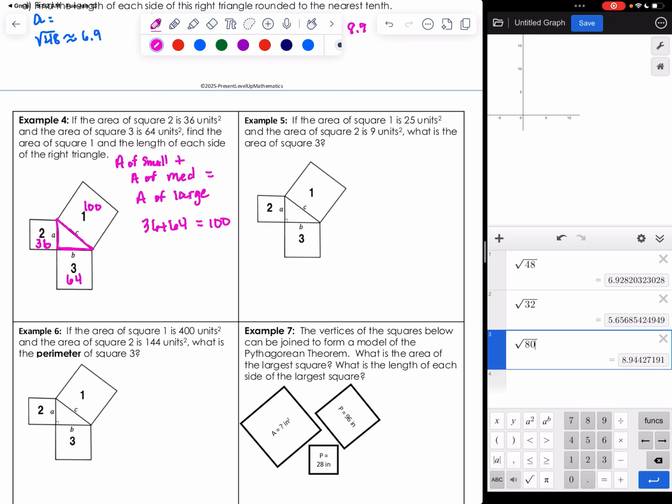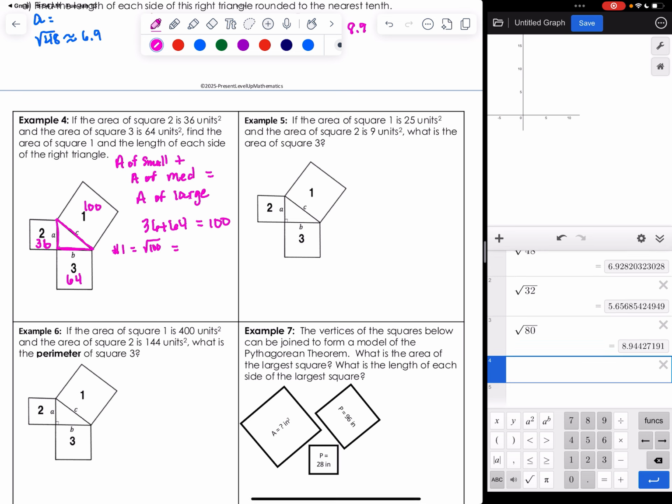Now the second thing they want you to do is find the length of each side. So side number 1, if the area is 100, to find the side length, we would simply take the square root of 100, and that would give us 10. So I know our hypotenuse is 10 units long.